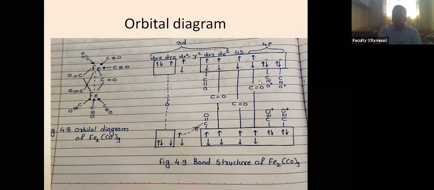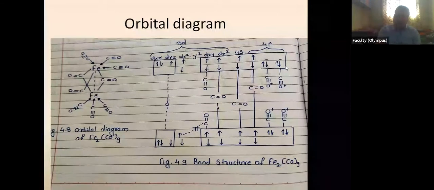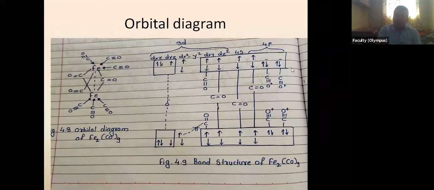In this way, d2sp3 hybridization is there. These two d orbitals, one 4s orbital and three 4p orbitals undergo hybridization, giving 6 d2sp3 hybrid orbitals.